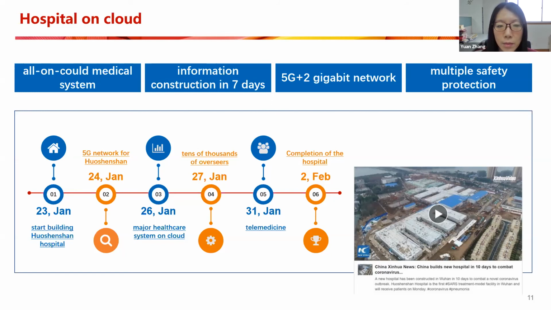And we were building them on cloud. I mean, all the medical systems and the information systems are deployed on cloud. They are the first hospitals on cloud in China. The whole construction took 10 days, but we only took 3 days to deploy the network and cloud resources.